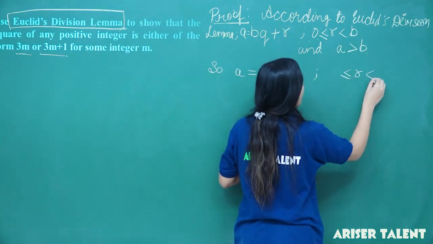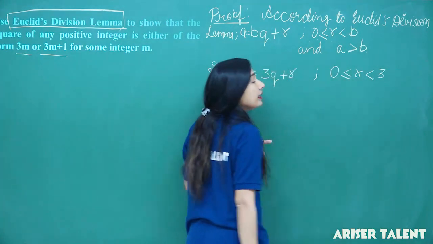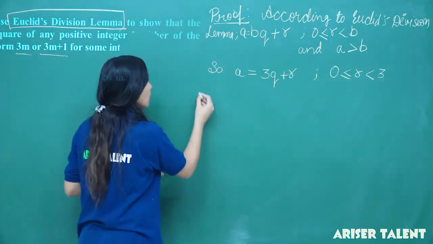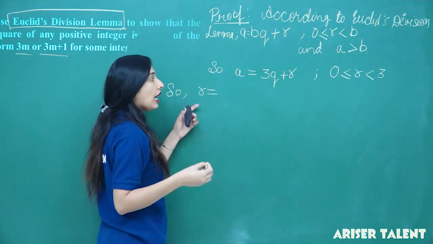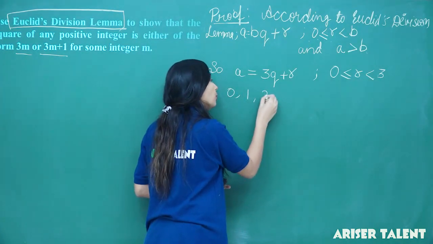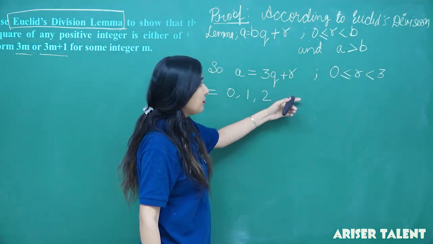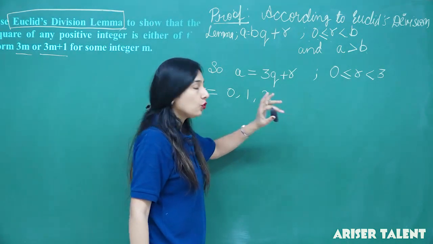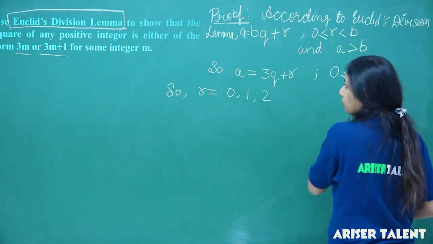R will be greater than or equal to 0 and less than 3. So, R will be equal to either 0 or 1 or 2. Now, it cannot proceed after that, like 3, 4, 5, no. Okay. So, R equals 0, 1, 2.